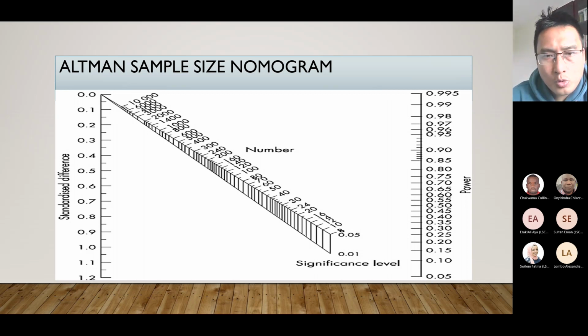The way they frame the question is, sometimes they will give you, let us say, a power of 0.9 and a sample size of 100. How much is the standard difference? Power is 0.9, sample is 100.